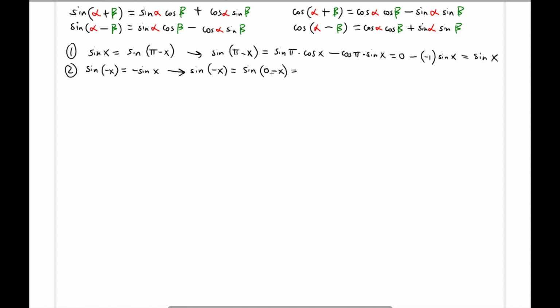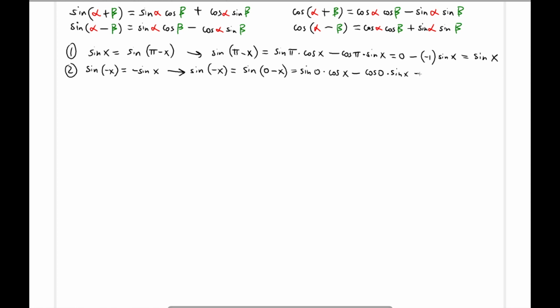Notice that this way we transformed it into the difference formula again. So we can use that again, just as we did here, the difference formula for sine of two different angles. Because 0, notice 0 is also an angle, it's the starting point in the unit circle, if you remember that. So it is a position actually. So now we do sine of the first angle, that's 0 in this case, times cosine of the second angle, cosine x, minus cosine of the first angle, cosine of 0, times sine of the second angle, so sine x.